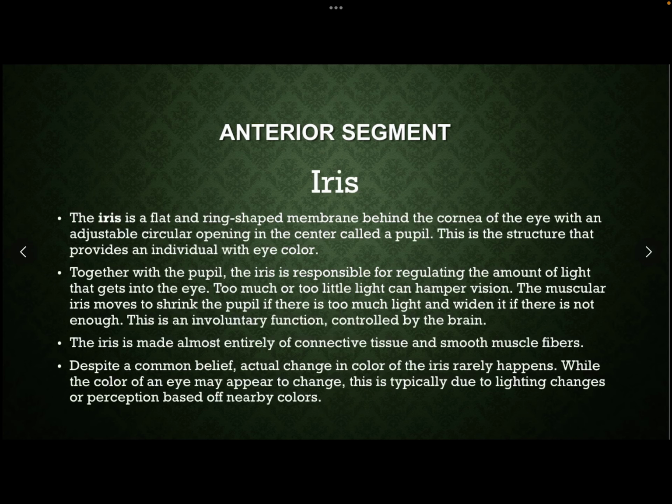Let's move on and talk about the iris. The iris is a flat, ring-shaped membrane behind the cornea of the eye with an adjustable circular opening in the center called the pupil. This is the structure that provides an individual with eye color, just like our fingerprints.